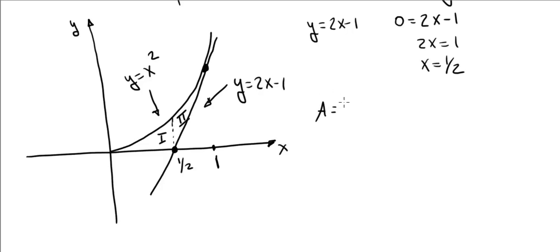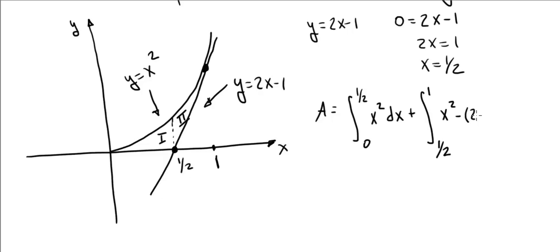The area of this region equals first the integral from 0 to 1/2. The x-axis is below, x squared is above, so it's just the integral of x squared, plus the second part, integrating from 1/2 to 1, where x squared is above and the line 2x minus 1 is below. Be sure to put the line in parentheses when you're subtracting.